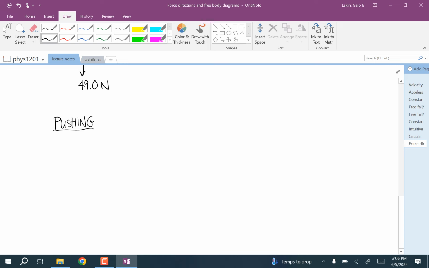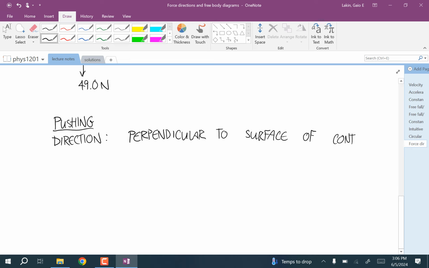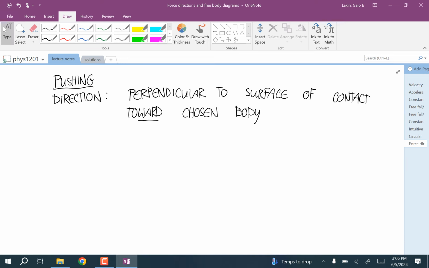And the direction of pushing forces is always perpendicular to the surface of contact and toward the chosen body. Okay, so let's see what this looks like in free body diagrams.